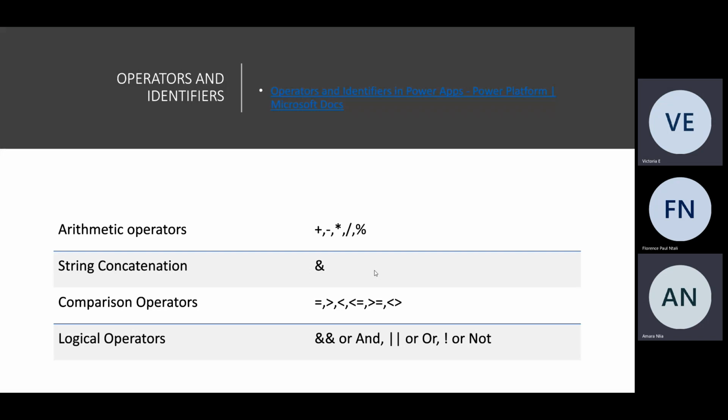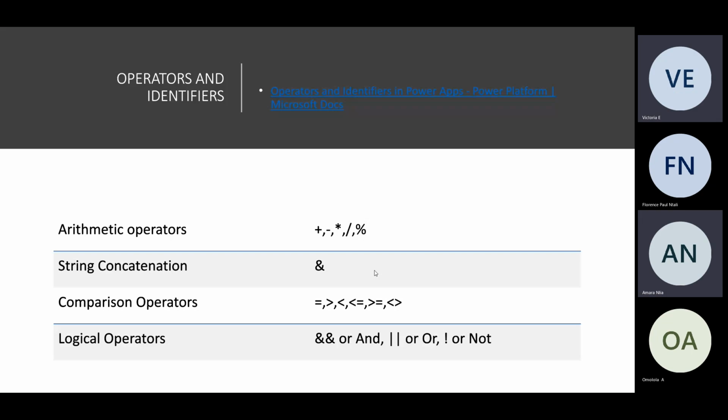Now, still under functions, we have operators and identifiers. The operators and identifiers fall under different categories. We have the arithmetic operators, string concatenation, comparison operators, and logical operators. Arithmetic operators are like our plus, minus, multiplication, division, and percentage.